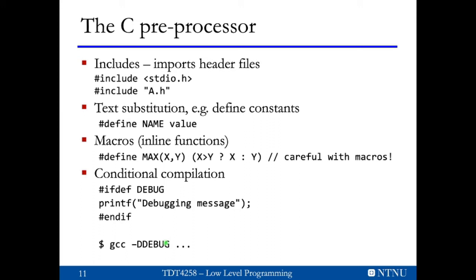And you can give these defines not only as a define directive for your preprocessor, you can also include it in the command line. So you can call your C compiler gcc, and using -D, you define a preprocessor symbol called DEBUG. So whenever you do this, your printf is included. If you omit this DEBUG from your command line, your printf is not included in the program that's being compiled.